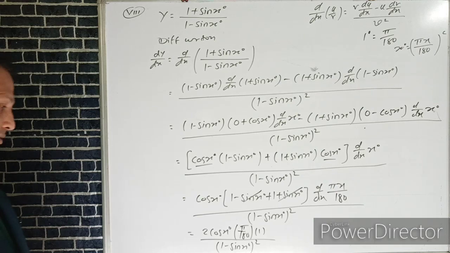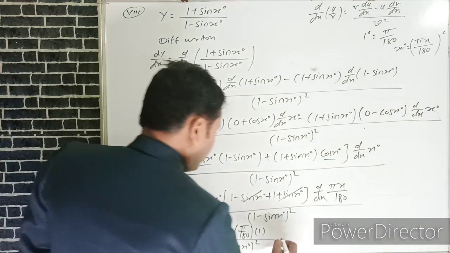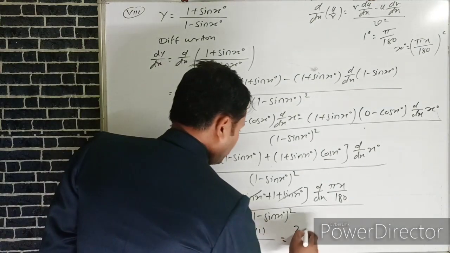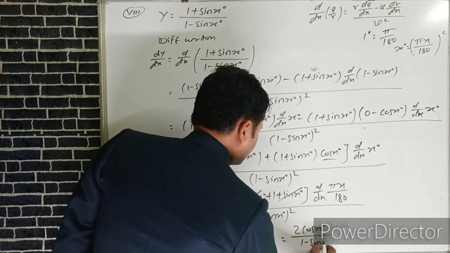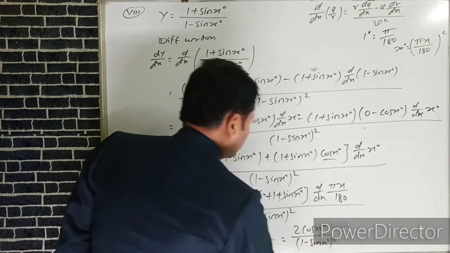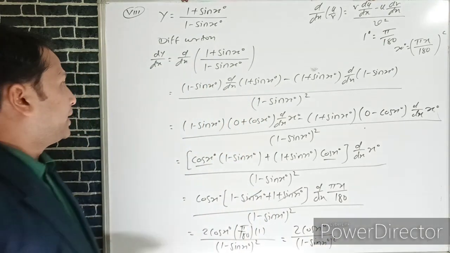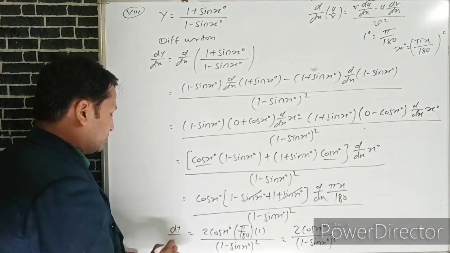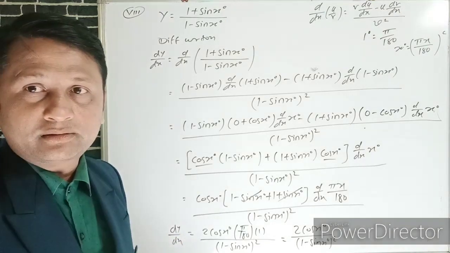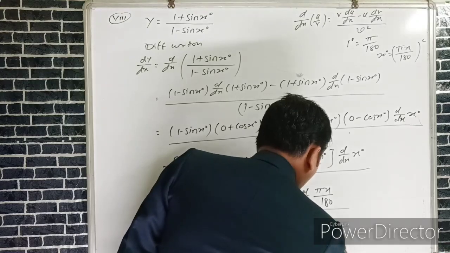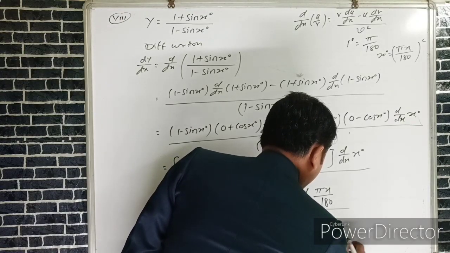After that, 2 into 1 is 2 cos of x degree upon (1 minus sine of x degree) whole bracket square, which is the required derivative of the given function dy upon dx, into pi upon 180.